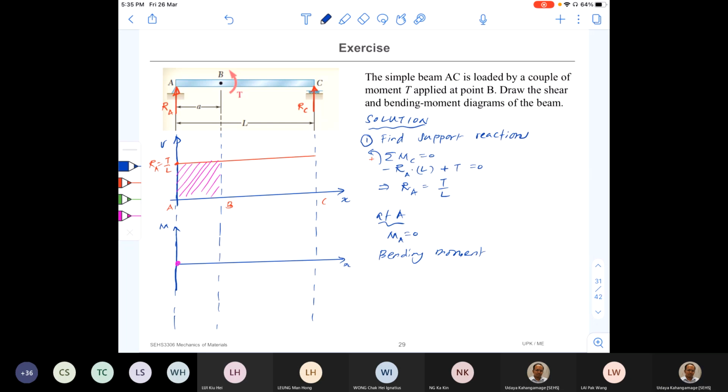We are going to find the bending moment at B, just before B. MB minus MA should be equal to the area under the shear force diagram.